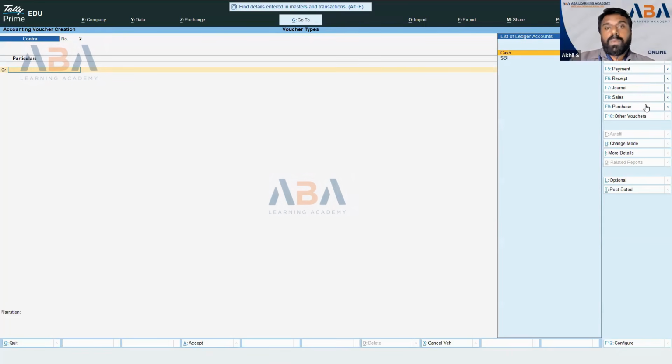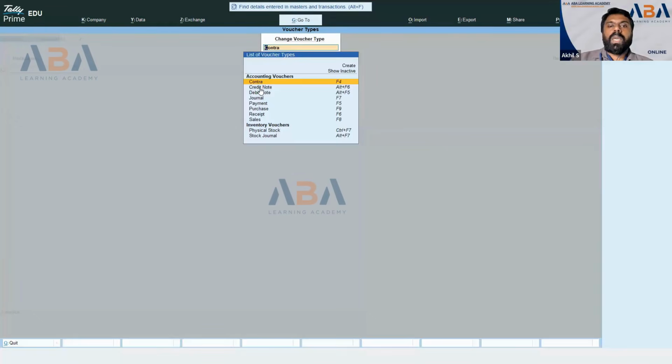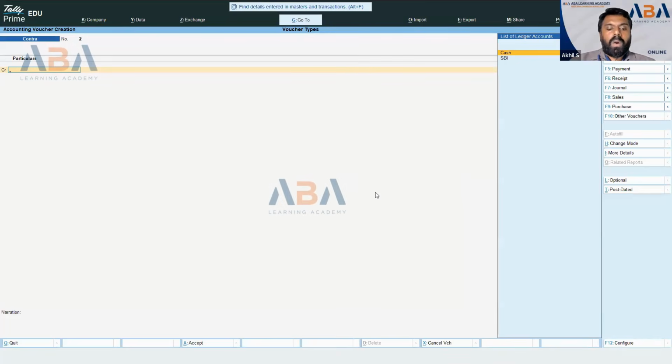But if you want to see credit note or debit note, you can press F10, and then you can see credit note and debit note inside. Instead of that, if you want to directly access the credit note, you only need to press Alt and F6. Your shortcut key is Alt F6 and it will take you to credit note. That is sales return.